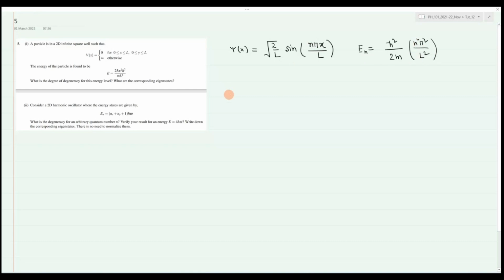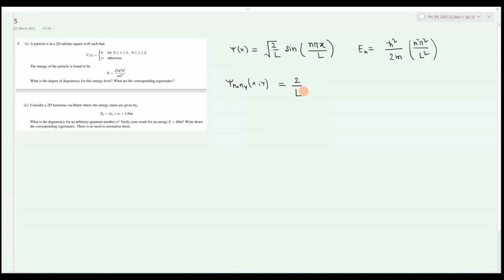Now, if it is in 2D, then we have to write psi nx ny of x comma y will be equal to, this will come two times, one corresponding to x, one corresponding to y.